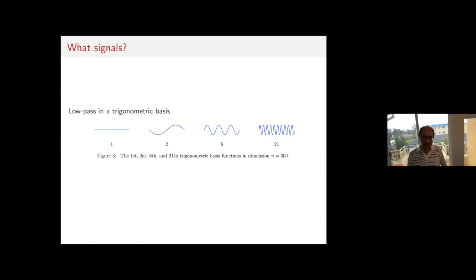It's very closely related, and it really looks like a Fourier basis and is close to it in some sense. So we look at signals that are low pass in some sort of trigonometric basis. That's the kind of signals we look at.